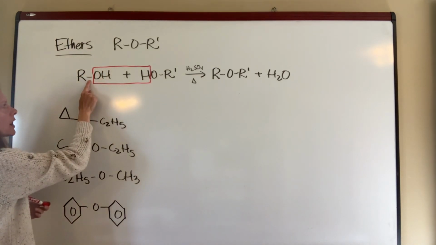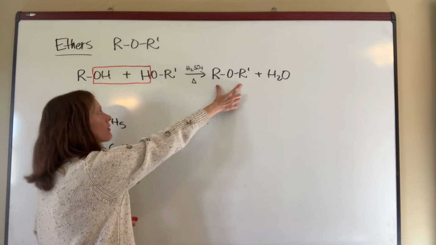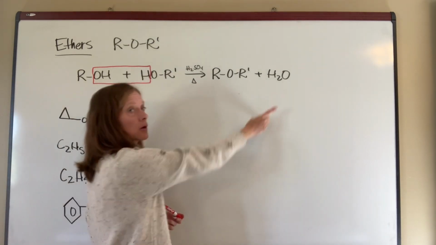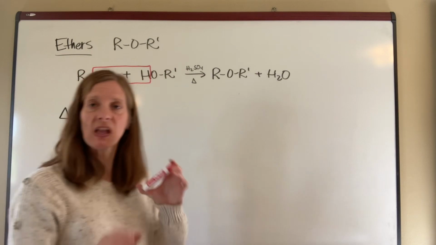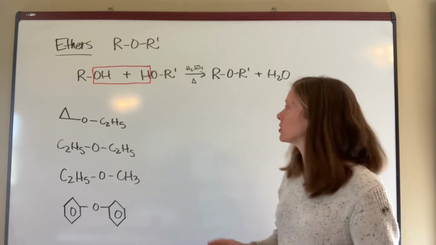And then this bond is going to connect to this oxygen, which leaves me this ether on this side. And then here the H and the OH come together and they make water over here. So that's a dehydration reaction. You're going to see lots of them in this module as we're making different kinds of compounds.